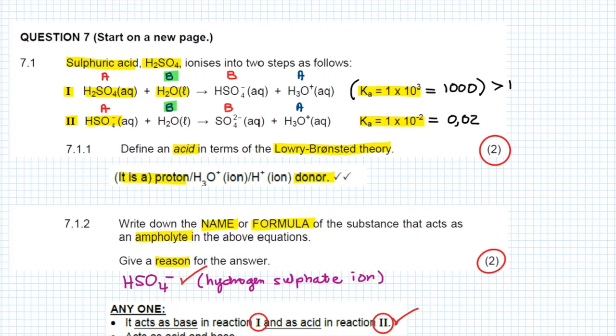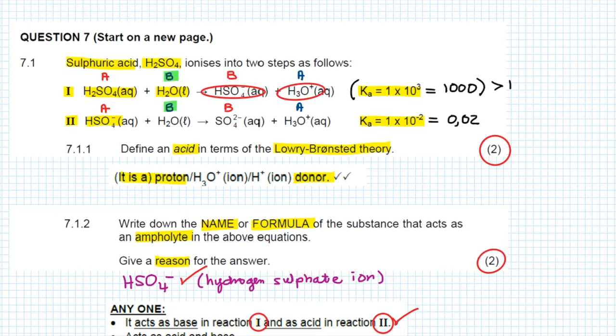Therefore, we know that sulfuric acid is a strong acid. And what is the definition of a strong acid? It is an acid or a substance that will ionize completely in water. So we know that when the sulfuric acid dissolves in water, a high concentration of hydrogen sulfate ions and hydronium ions are going to form, and therefore there's going to be many ions present in the solution, allowing the conductivity to be very high.